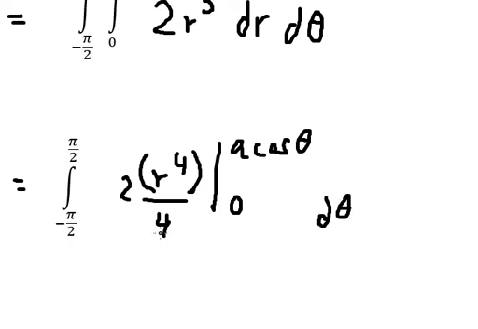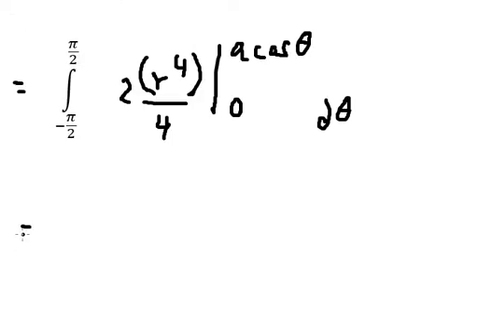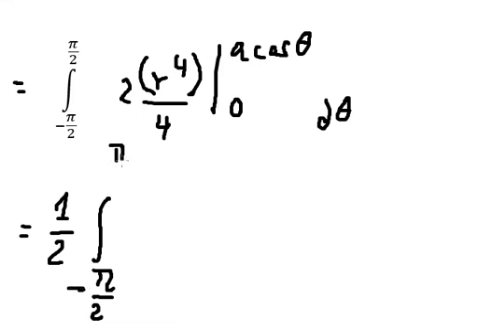Number 2 divided by 4, we have 1 over 2. And we have a to the power of 4 cosine theta to the power of 4 in here.